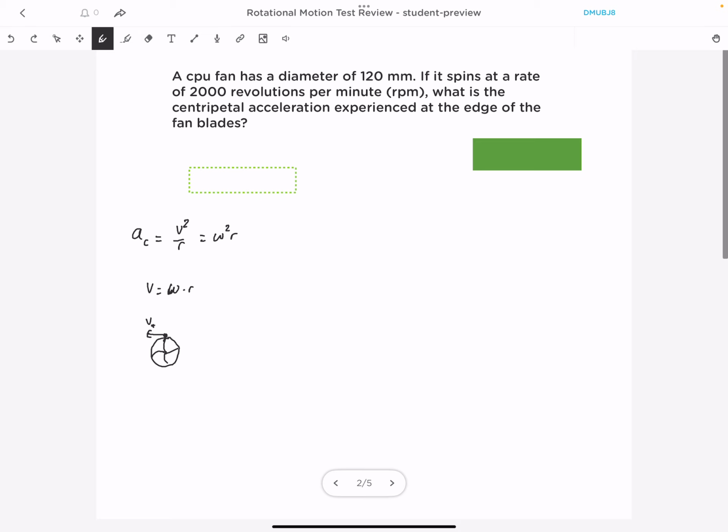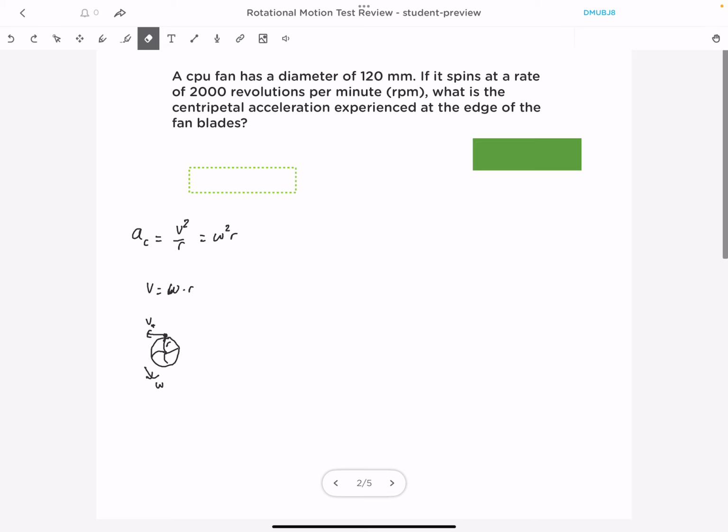The relationship between that tangential velocity and the angular velocity, omega, is a factor of r. So omega times r tells you the tangential velocity. Since we're dealing with angular velocity, we can just use omega squared r.